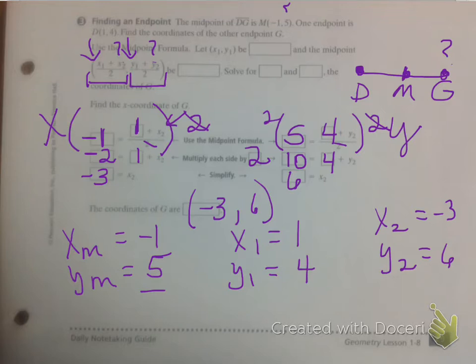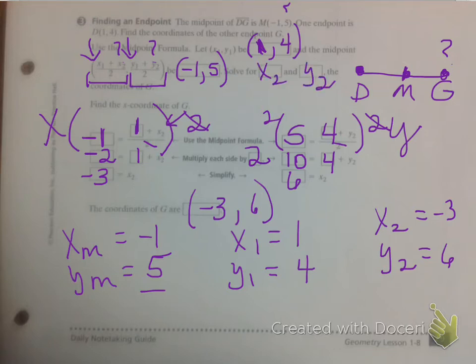Use this example. Watch it again as you work an example like that. Let's go back up. I want to fill in the blanks for you. I kind of taught it without the blanks. But this was your x1 coordinate, which is 1, and this is 4, and this is negative 1 and 5 was your midpoint. And so we're trying to solve for our x2 and our y2.